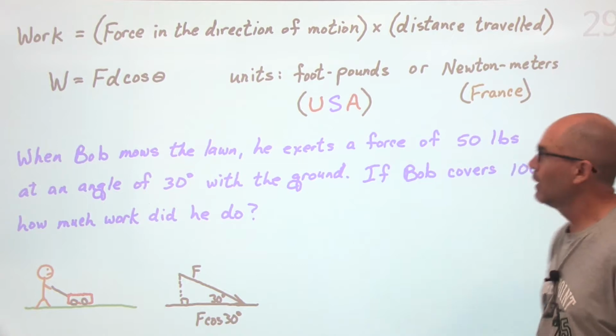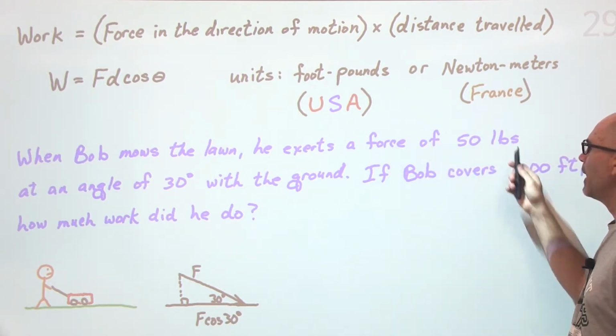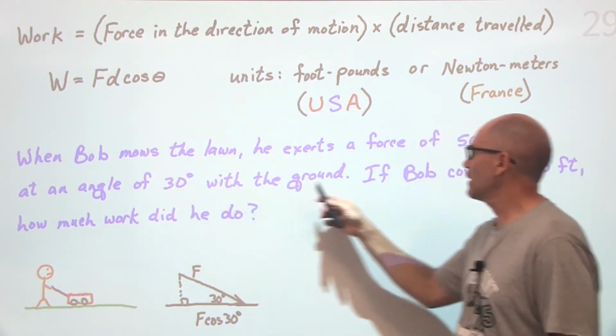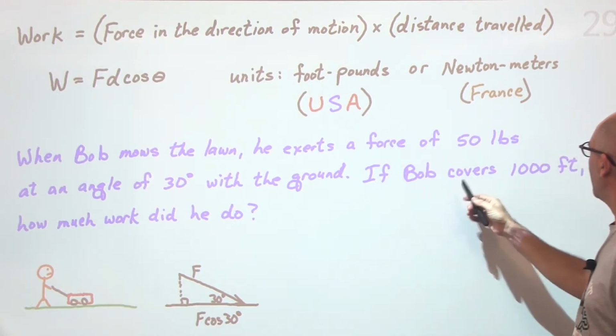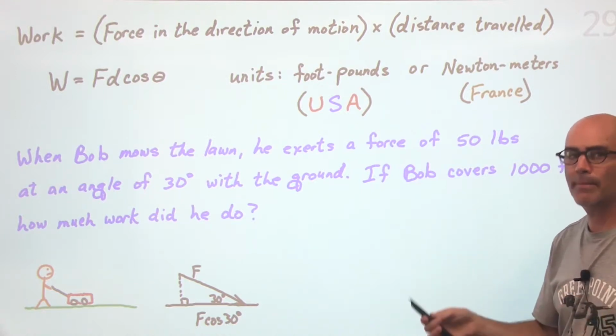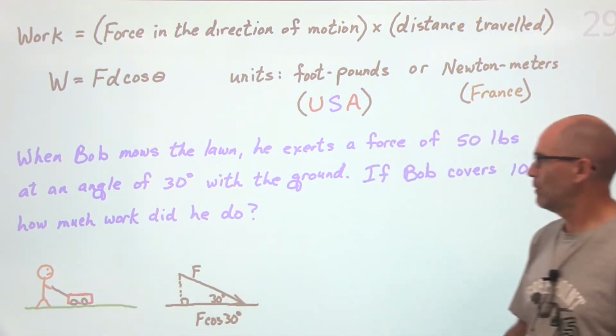Okay, thanks, Bob. All right, so Bob mows the lawn. He exerts a force of 50 pounds at an angle of 30 degrees with the ground, with the horizontal. If Bob covers 1,000 feet in his lawn mowing, how much work did Bob do?